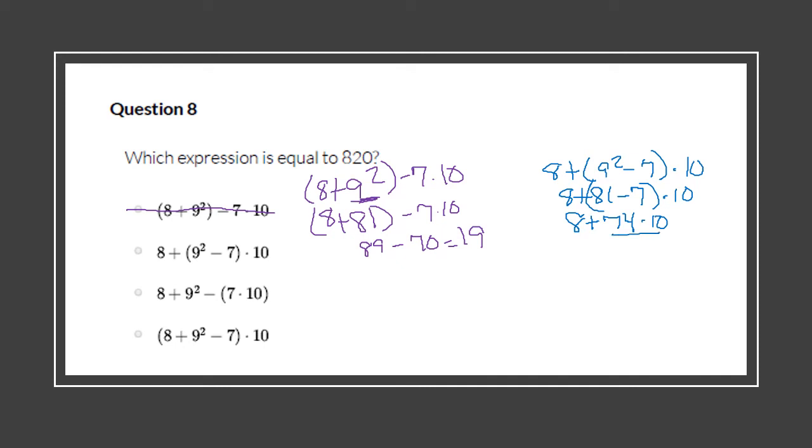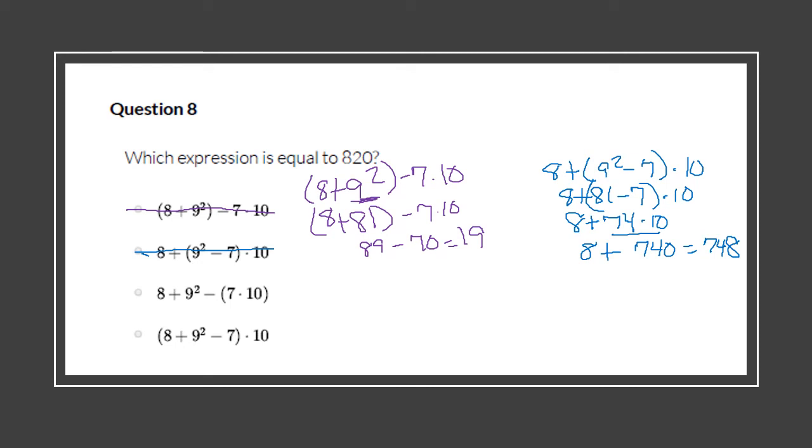Then we're going to have to multiply next because multiplication comes before addition. So 740 plus 8 is 748. And that's not what we're looking for either.